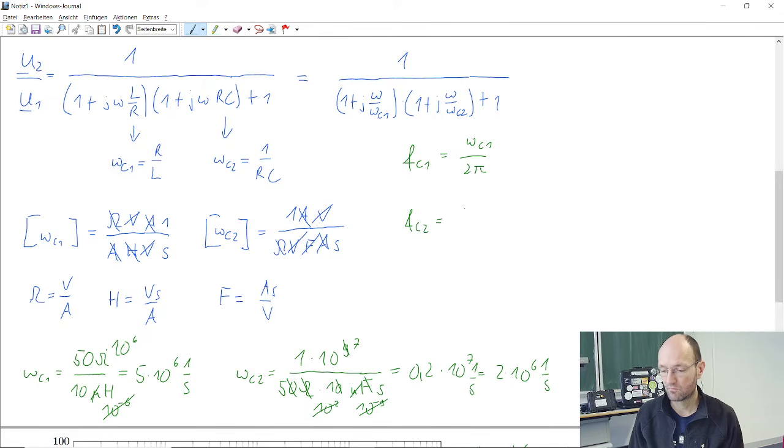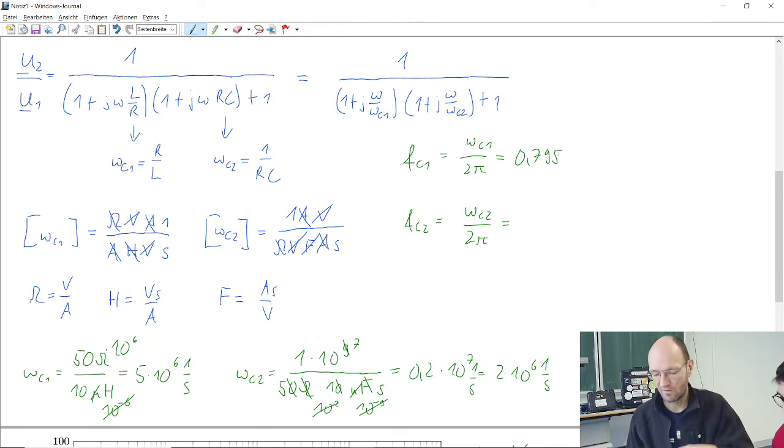It is difficult to do this by head, but 2 pi is approximately 6. If we divide 5 by 6, we get something like 0.8 megahertz. That's 0.795, something like this, right?